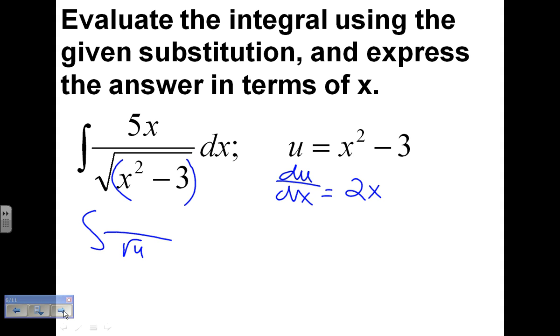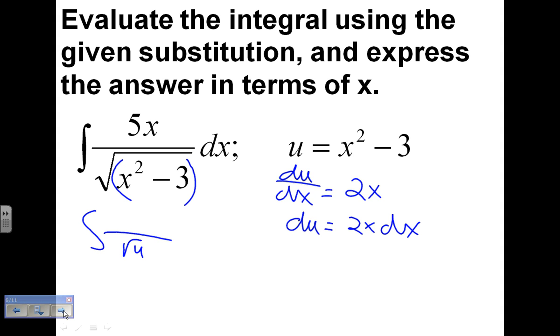Now this one's slightly different because that's a variable after you take the derivative. There's a couple of ways of handling that. I'm going to multiply the dx over. Du equals 2x dx.